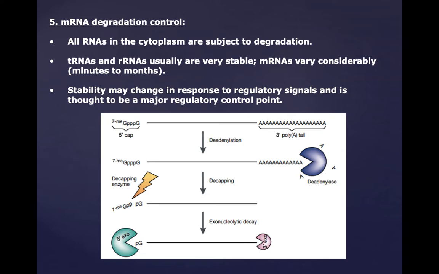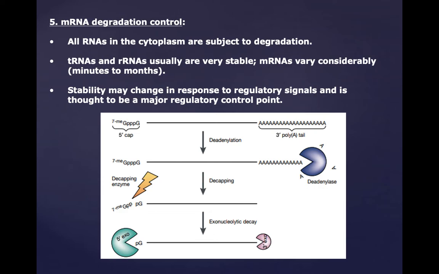In terms of the RNA products, the most degradable, the ones with the fastest turnover, are the mRNA. Your tRNA and your rRNA are usually very stable. They are long-lived compared to your mRNAs.